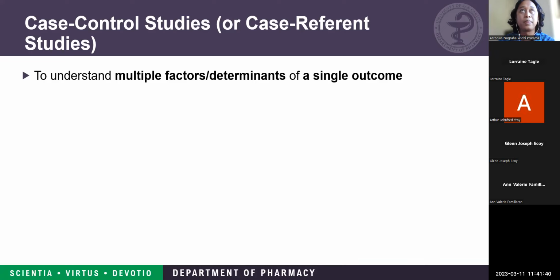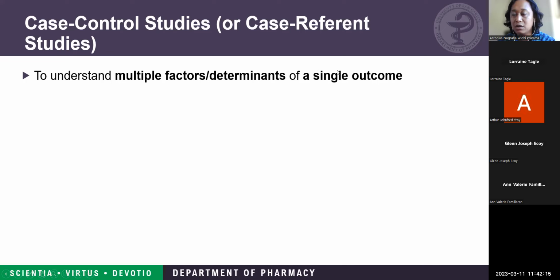For example, we say the social determinants, but we usually do not use the term social factors. So social, environmental, and so on. So the outcome is only single. Please remember this. This is the important feature of the case control study.